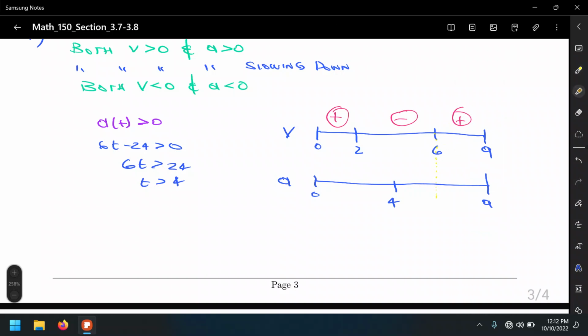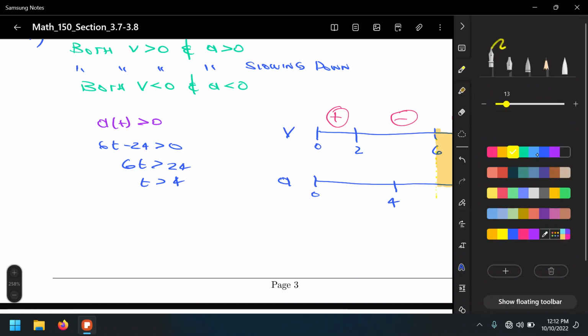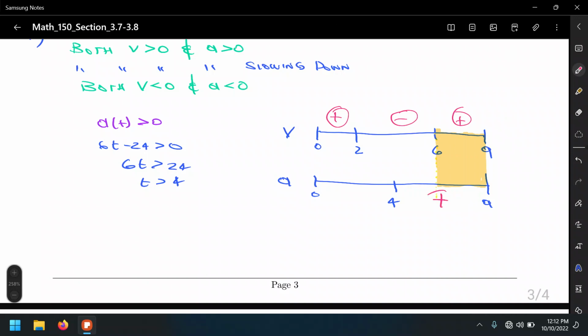In this case, both overlaps here. This is the region in which both the velocity and the acceleration are positive, because for this region right here on the second graph, here is positive, here is negative.